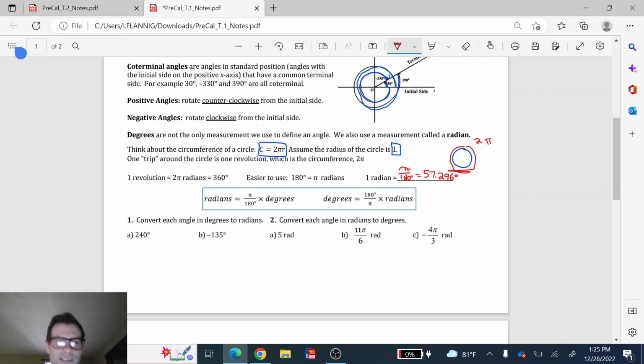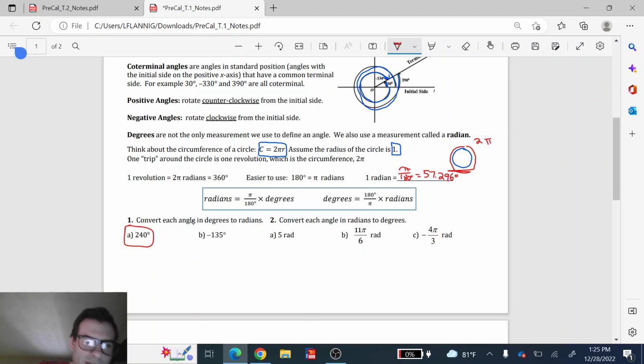All right, let's go to the next thing. Convert each angle from degrees to radians, and then also convert each angle from radians into degrees. So you have to figure out, okay, what kind of thing am I given? I'm given a degree here, and I want to go to radians.